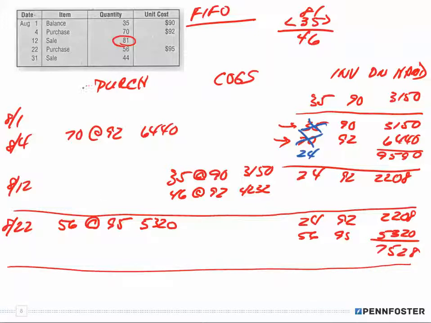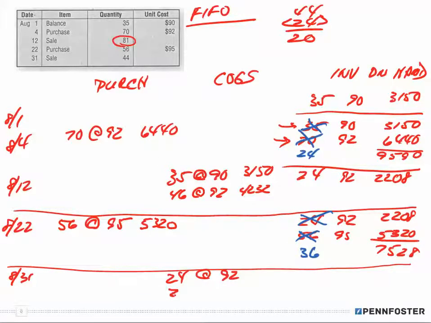Now I'm going to make an additional sale on 8/31, and I'm going to sell 44. Where do I get my 44 from? First in, first out. The first ones in are this 24. So I have to take out 24 at 92. If I need to take 44 and I take out 24, that means I have 20 left. So out of the 56, I take out 20, which will leave me with 36.